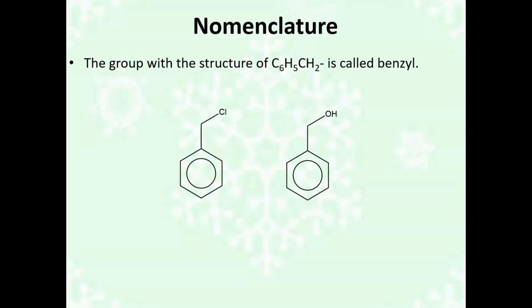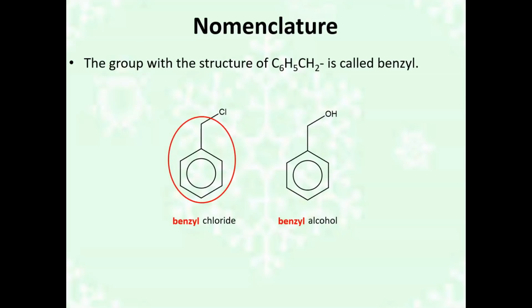You see this Cl is not directly attached to the benzene ring. The structure here is benzene with CH2, then Cl. So this C6H5CH2 is called benzyl, and the answer is benzyl chloride.